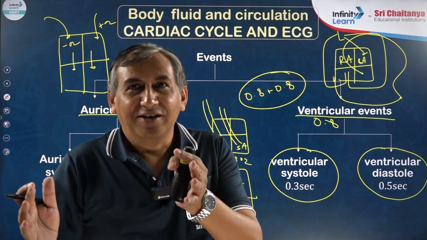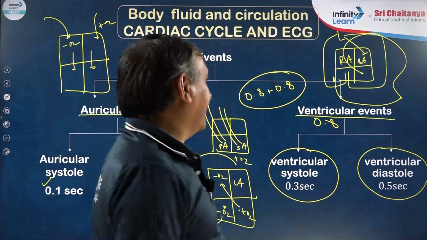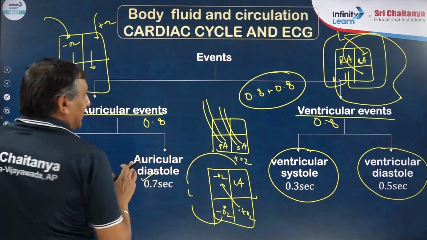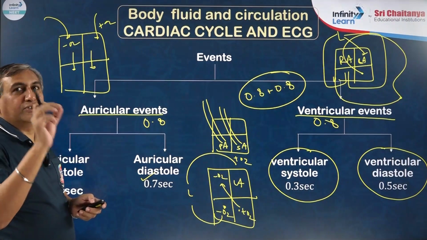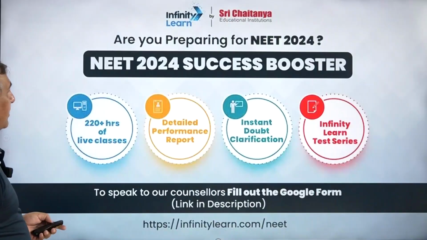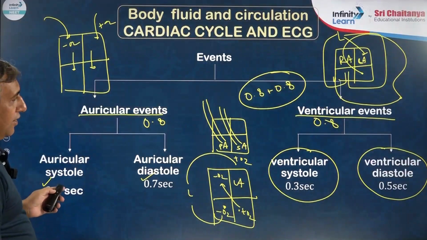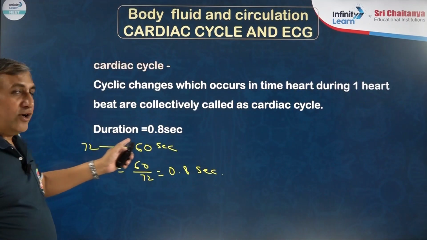Ventricular diastole. Otherwise, where will the blood go? If both chambers contract at the same time, where will the blood go? So are you getting it? They can ask, why is the duration of the cardiac cycle only 0.8, and not 0.8 plus 0.8? Because when there is contraction in one chamber of the heart, there is relaxation in the other chambers. So now it is clear.